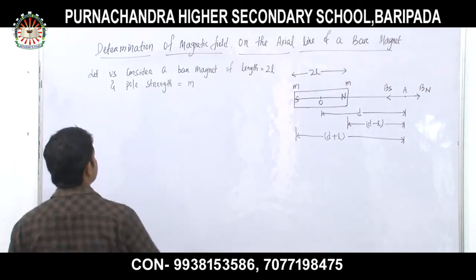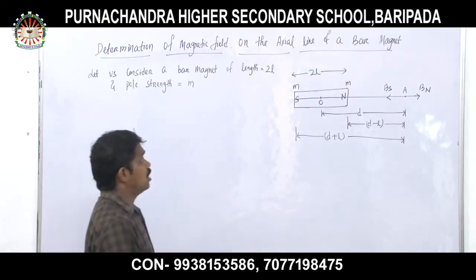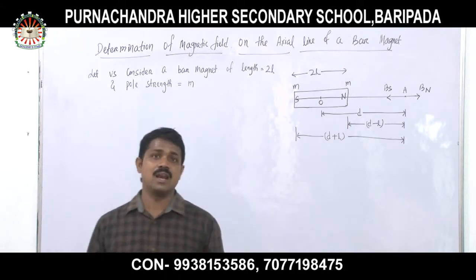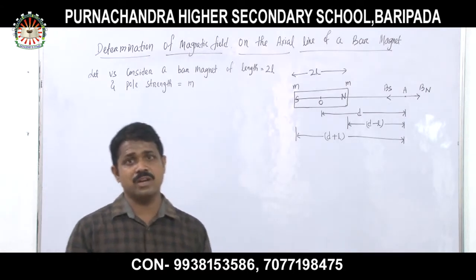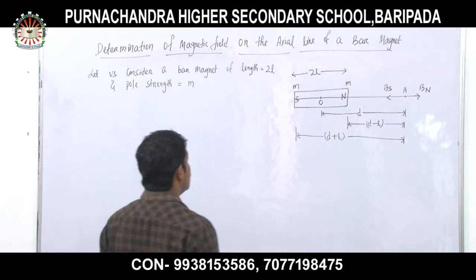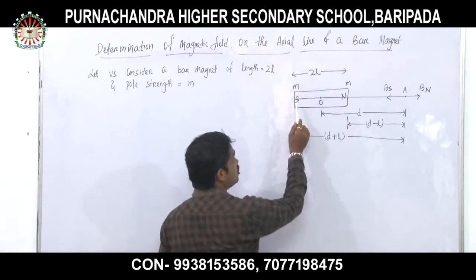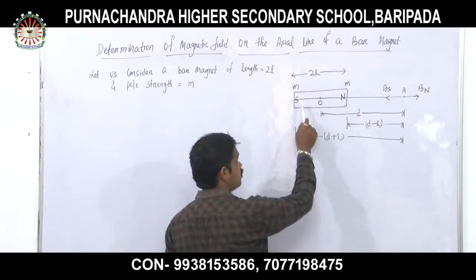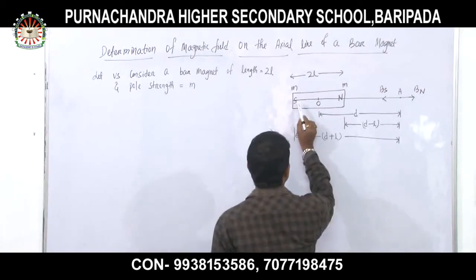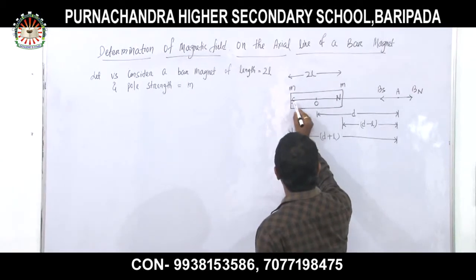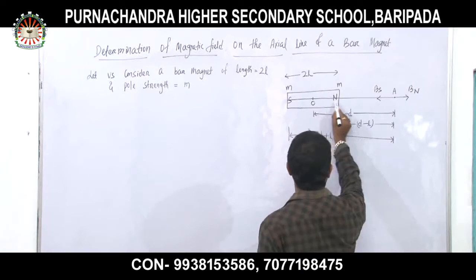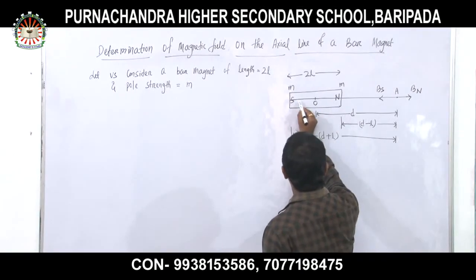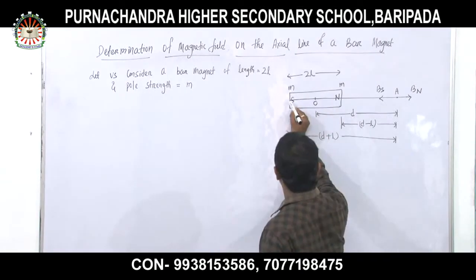First of all, let us find out what you mean by axial line. Listen very carefully. The axial line is the line which is passing through the axis of the bar magnet.